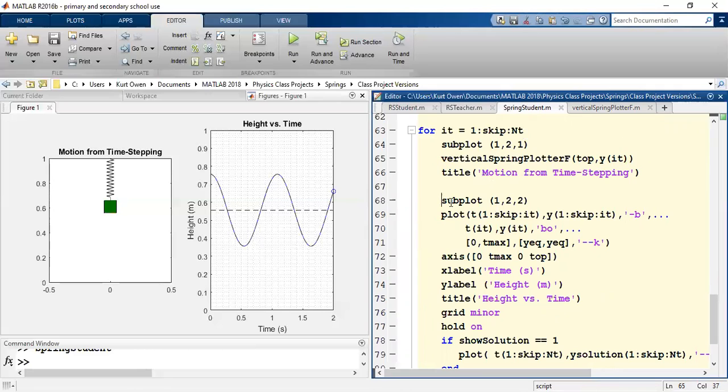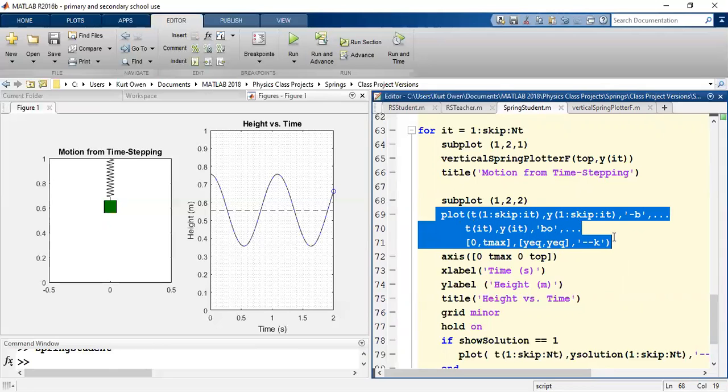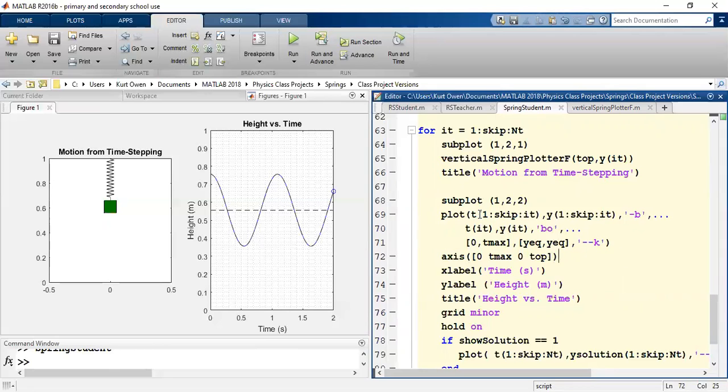The other plot is more similar to the ones you've done in the past. It's just in the second position. So this is our height versus time, and that's a more straightforward plot statement. The first line is the blue line. That's plotting the growing motion as the spring goes up and down.